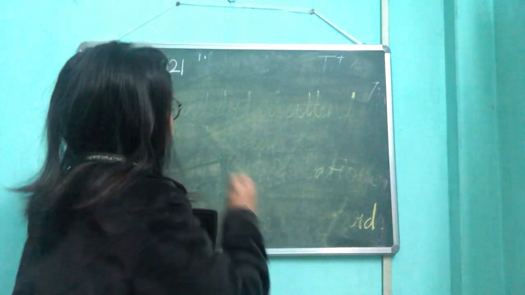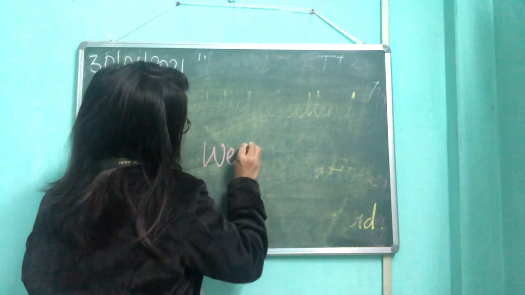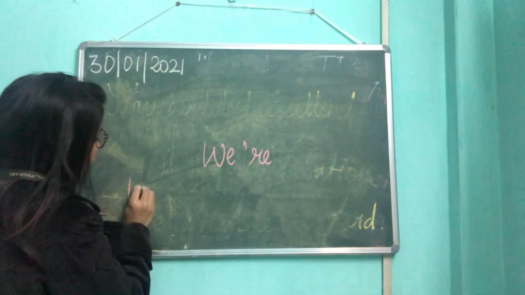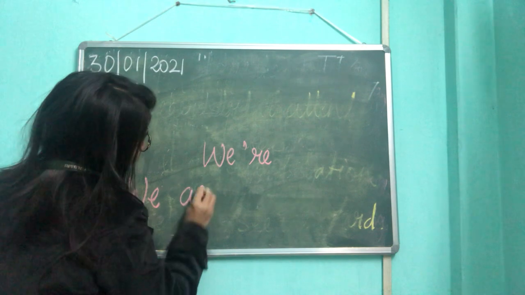Now the full form is there, page number 101. The table given is very, very important. Please go through this so that you will know what is the short form of I am. I am is I'm. We are, so you can write it as we're. So what happens when you are writing we and are?